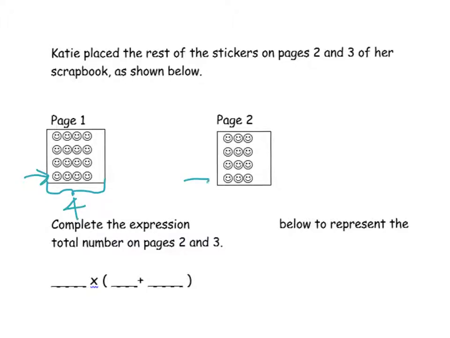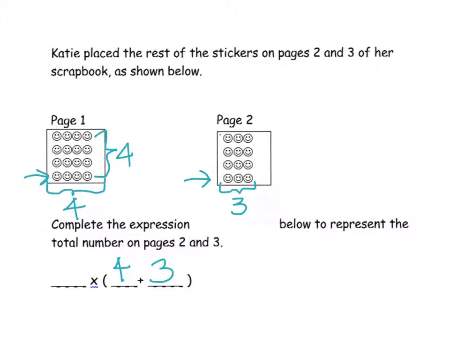Then I'm going to see how many smiley faces are in this other row. That would be 3. So first I'm going to have to add 4 plus 3.